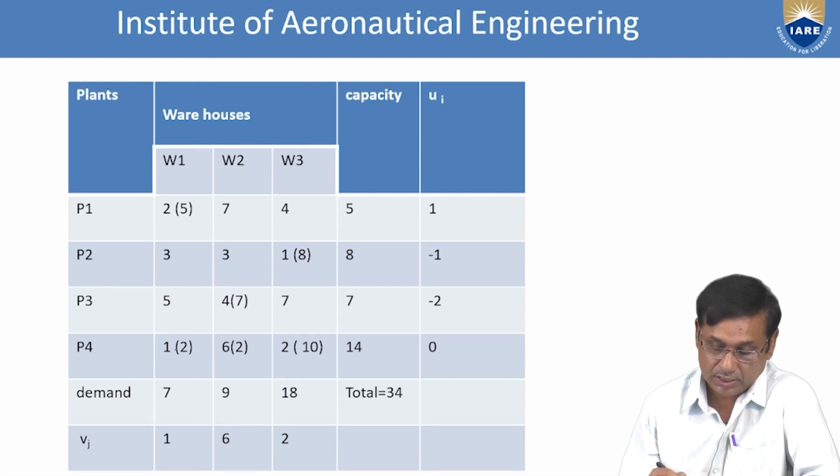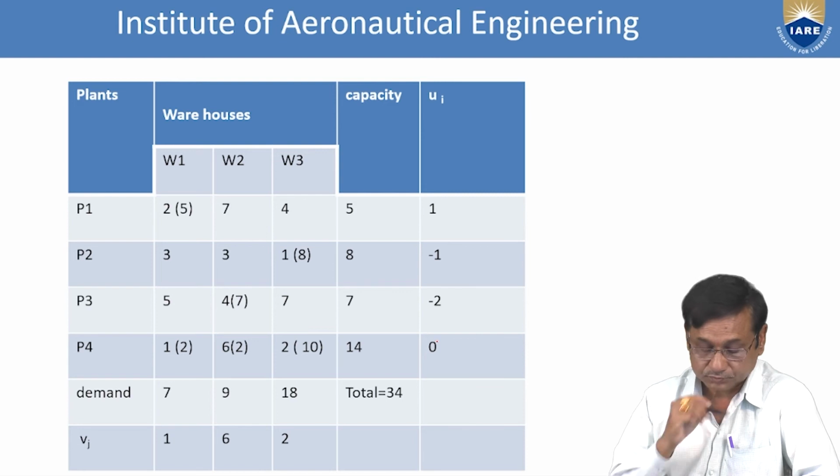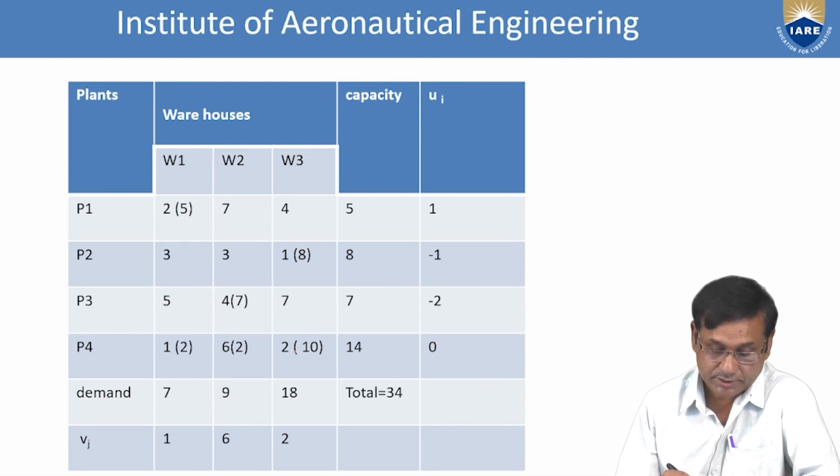Cij is equal to 1, Ui is equal to 0, so Vj is equal to 1. Corresponding to this, Cij is equal to 6, Ui is equal to 0, so Vj is equal to 6. Similarly, Ui is equal to 0 and Cij is equal to 2 and Vj is equal to 2.